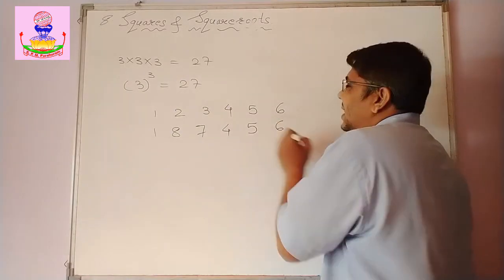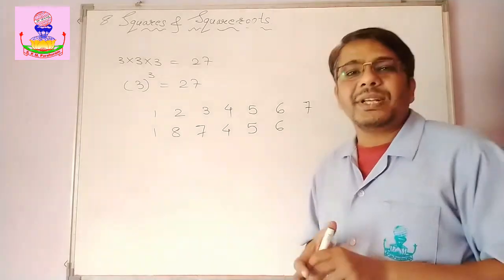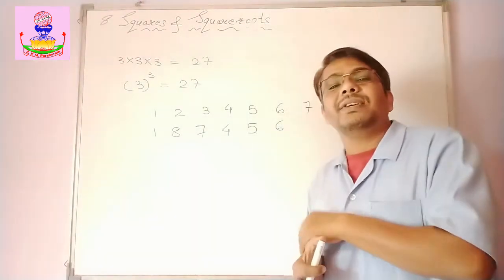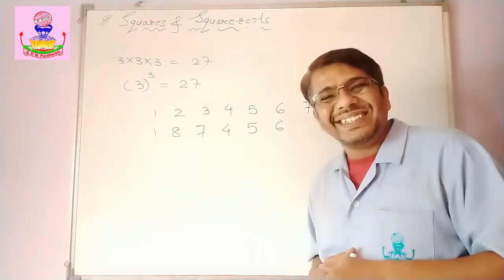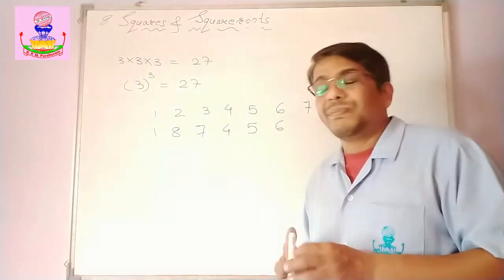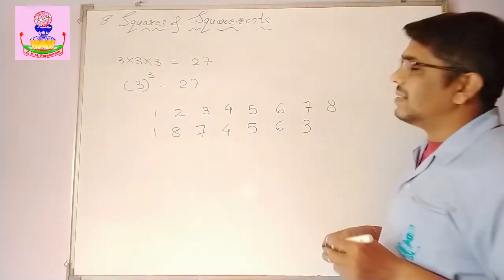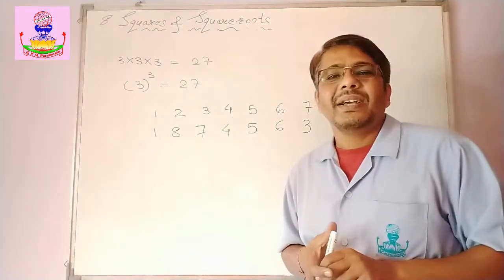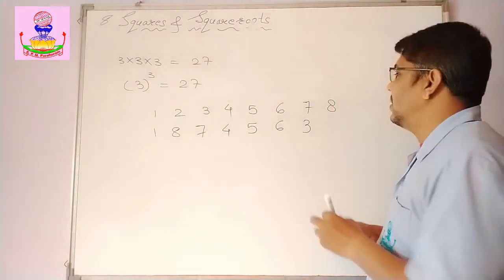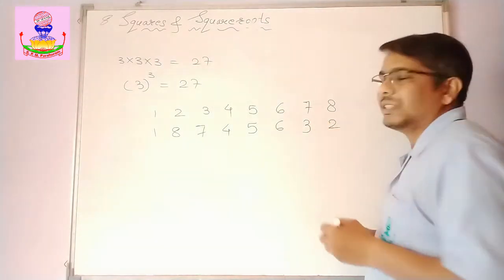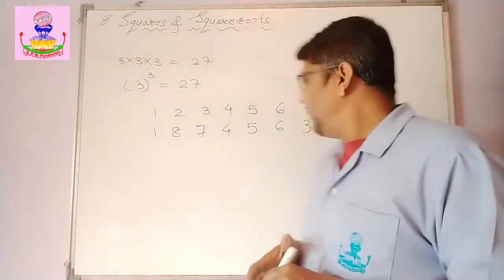So again 6, right? And if I have got 7 in the units place of a number, then in the cube of that number, 7 7s are 49, 49 7s are how much? 343, right? So what is in the units place? 3. And if I have got 8 in the units place of a number, in the units place of the cube of that number, I will have 2. Because 8 8s are 64, 64 8s are 512.